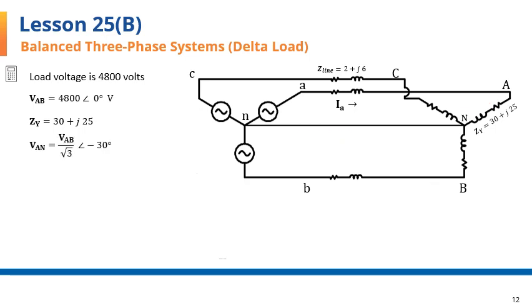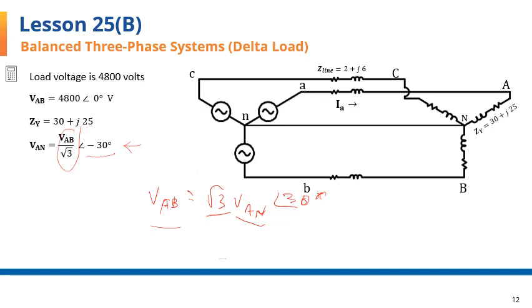VAN is found as VAB over square root of 3 with negative 30 degrees, and that's because we know that the line-to-line voltage VAB, in a positive sequence system, would be square root of 3 times VAN, and it will have 30 degrees extra in its phase angle, so plus 30 degrees. So we can calculate VAN in terms of VAB by dividing over square root of 3 and assigning a negative 30 degrees for its phase angle.